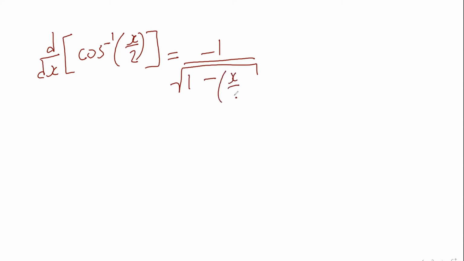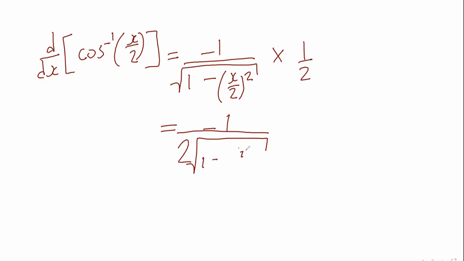So it's 1 minus x over 2 squared. But then you multiply it by the derivative of what's in the bracket. The derivative of x over 2 is a half. So this is going to work out to be negative 1 over 2 times the square root of 1 minus x squared over 4, because we squared it.